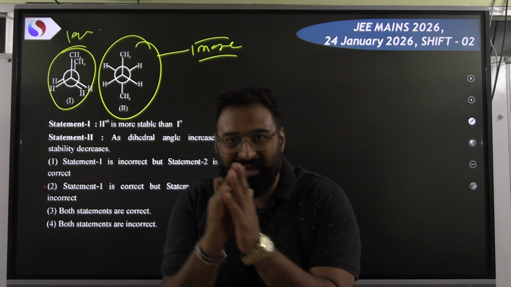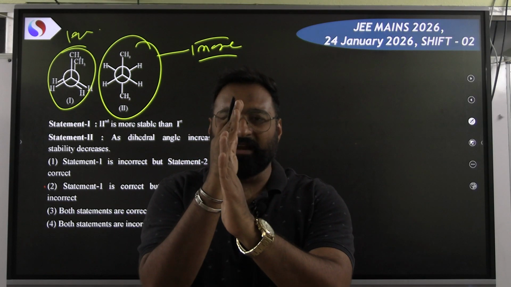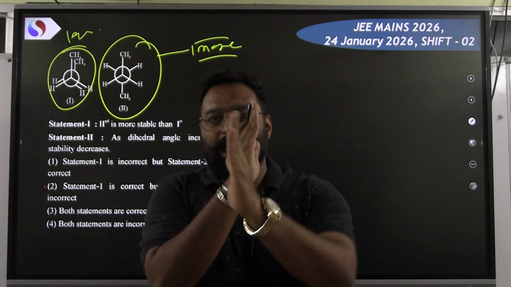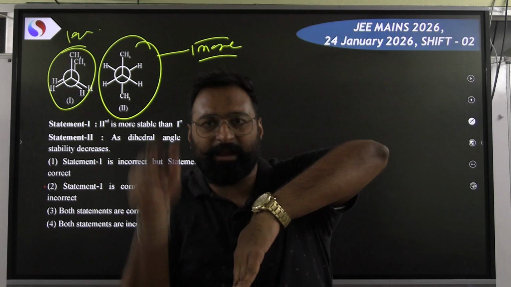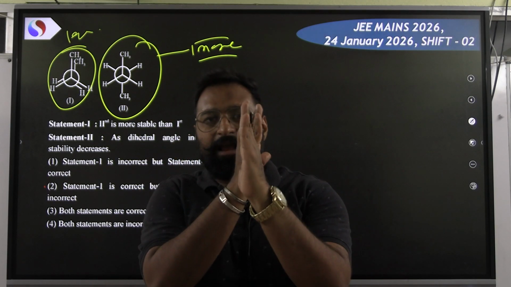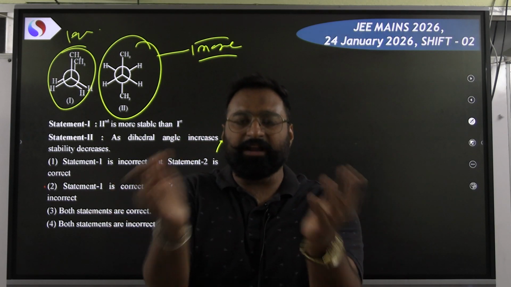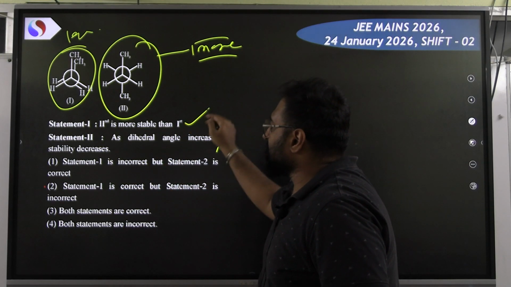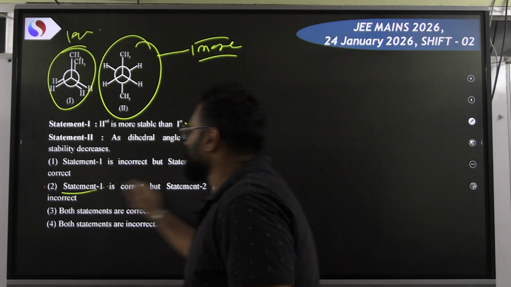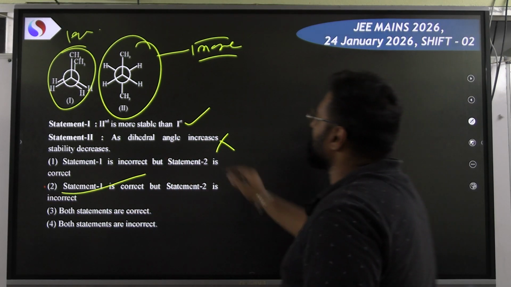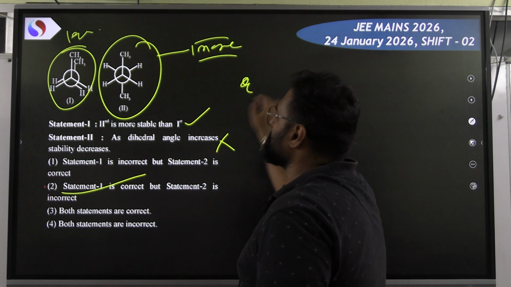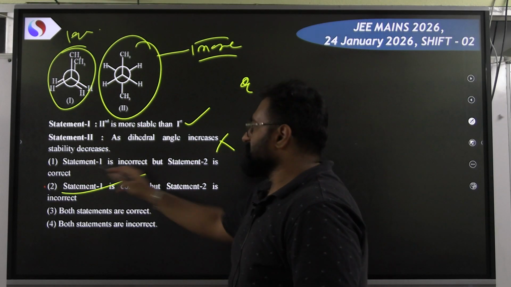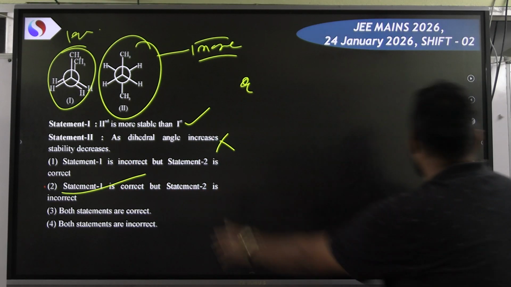Wrong. If the dihedral angle becomes 180 degrees, stability is more, and if the dihedral angle becomes 0, it has less stability. So statement 1 is correct, statement 2 is incorrect. Dihedral angle increases stability. So option number 2 is correct.